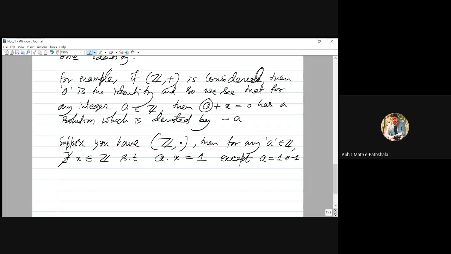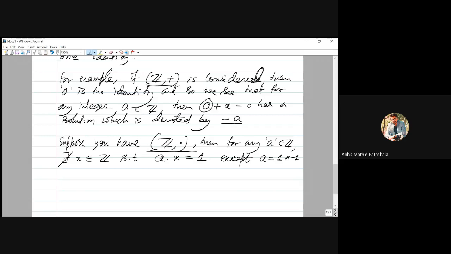But in the additive case, for every integer a, it will have minus a.